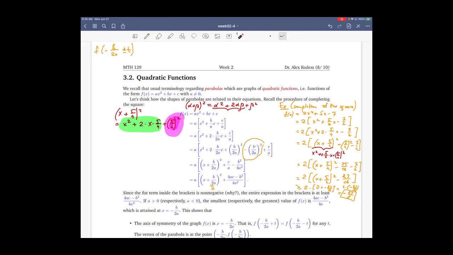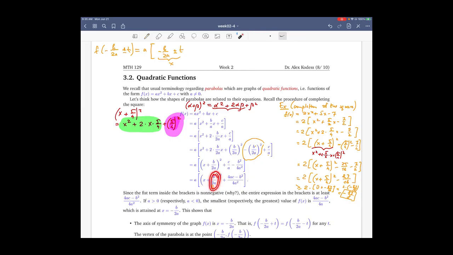We will use the fact that f can be written in this way. And so f at negative b over 2a plus minus t is a times, instead of x, I should write negative b over 2a plus minus t, that's x.